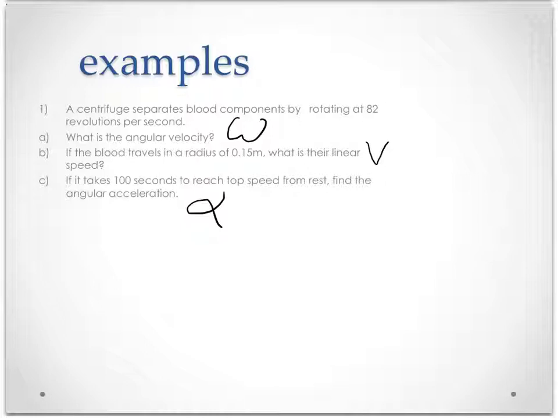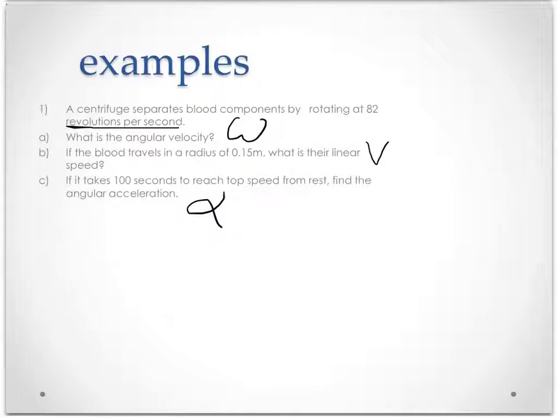So, clue for A is that they've actually given you the angular velocity, but they've given it in revolutions per second. So all you need to do is turn that into radians per second to find the angular velocity.